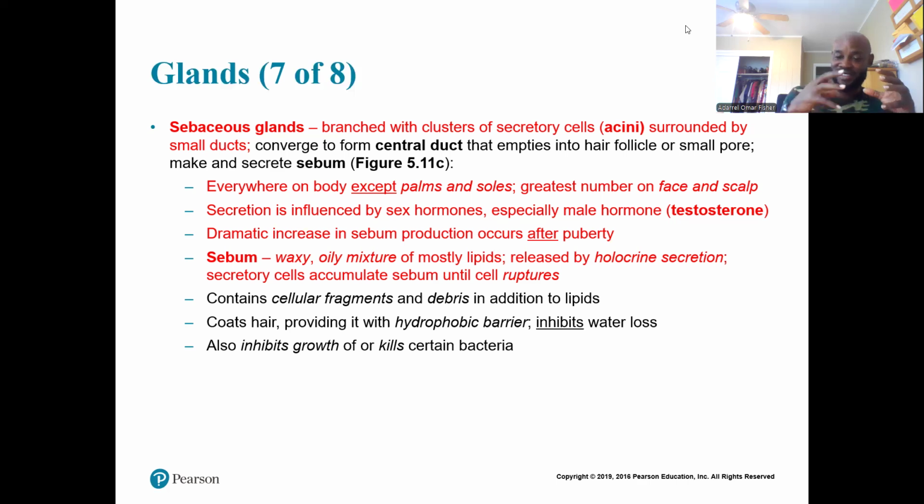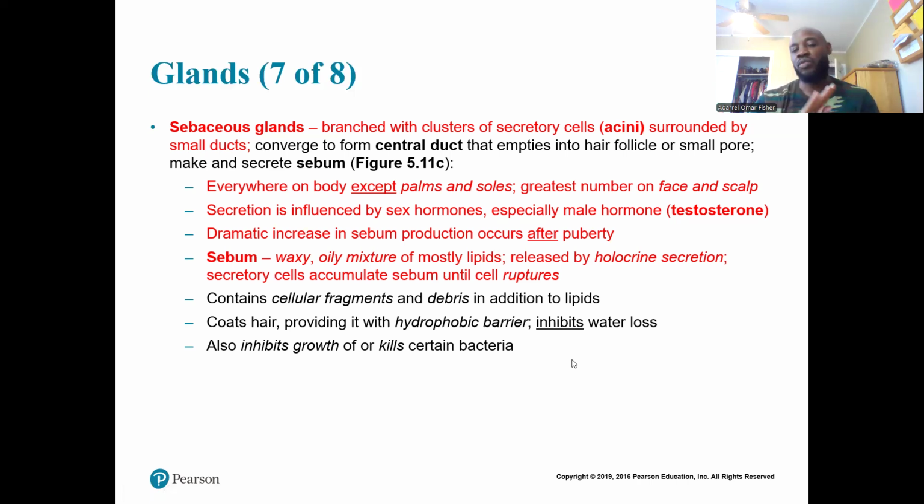Remember, that means that the substance forms in the cytosol of the cell and the whole cell ruptures. Holocrine secretion, and then the secretory cells accumulate sebum until they rupture, right? That sebum provides a hydrophobic barrier, inhibits water loss.